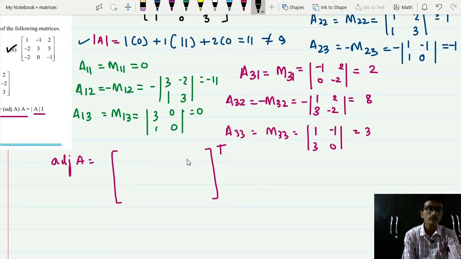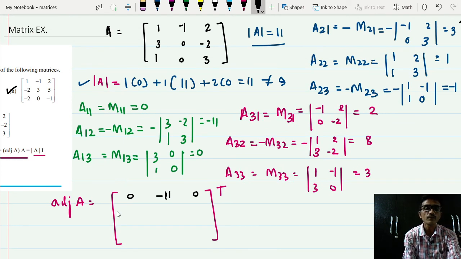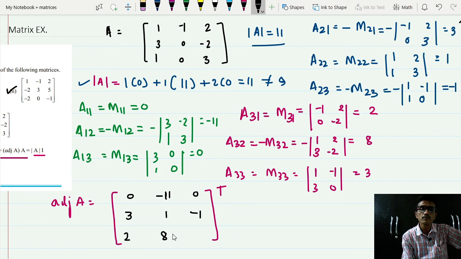A11 is 0, then A12 is equal to what? -11, A13 is equal to 0, A21 is 3, A22 is 1, A23 is -1, A31 is 2, A32 is 8, and A33 is 3.